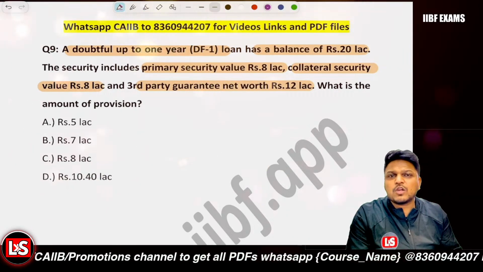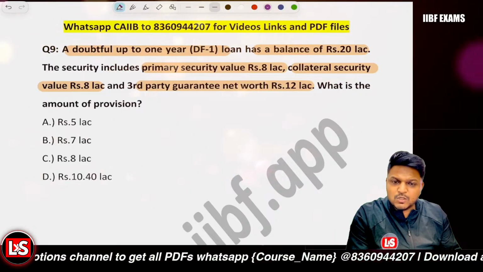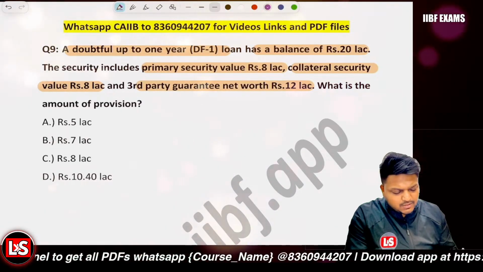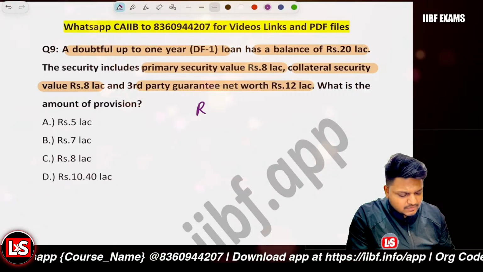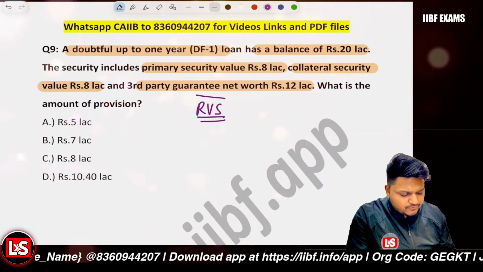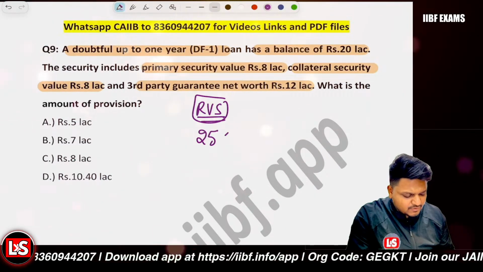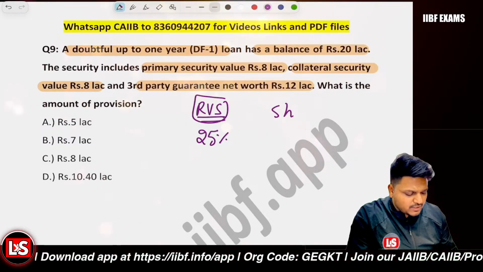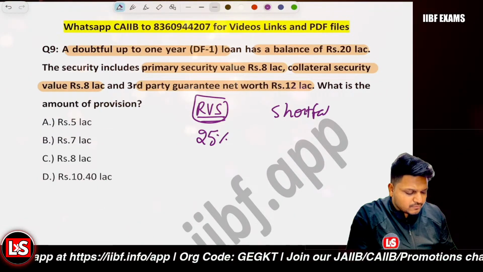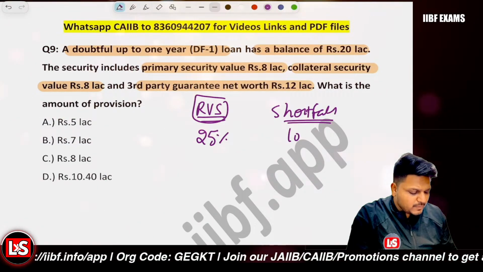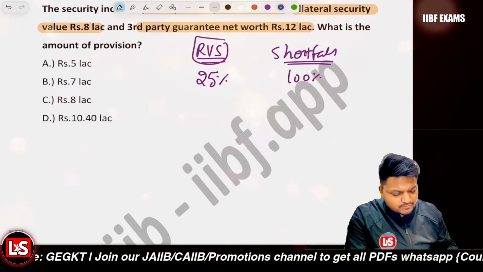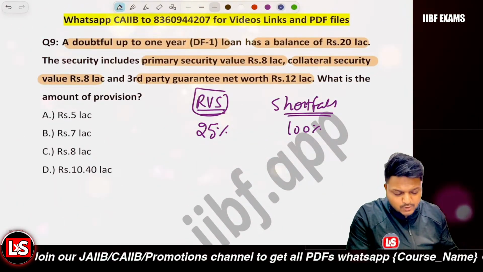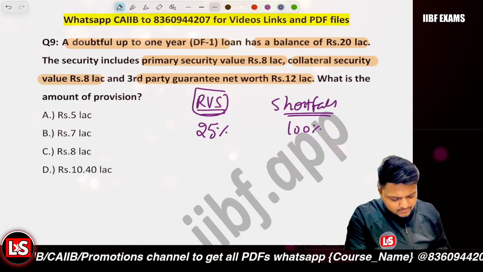For the secured component, on the realizable value of security, we maintain 25% provision, and for the shortfall in security, we maintain 100%.